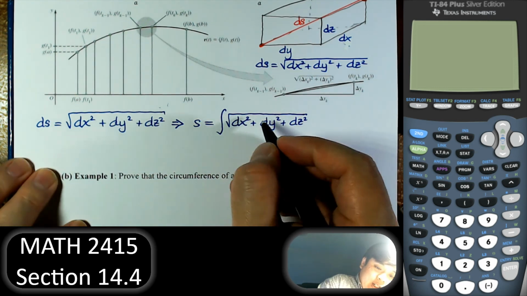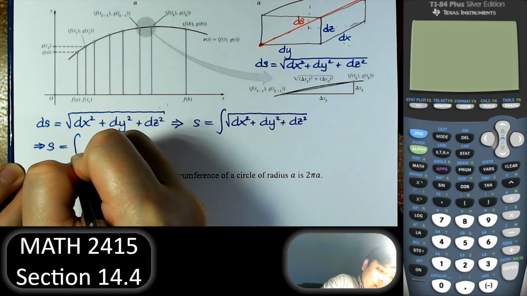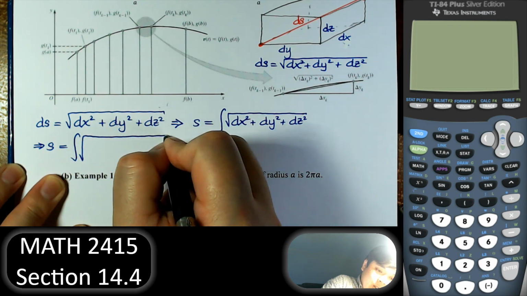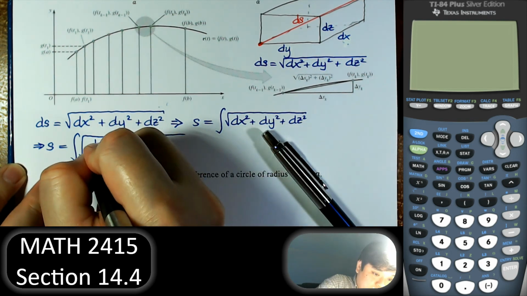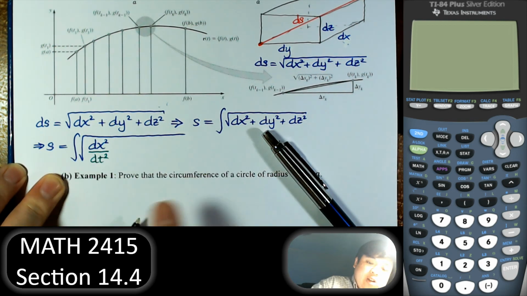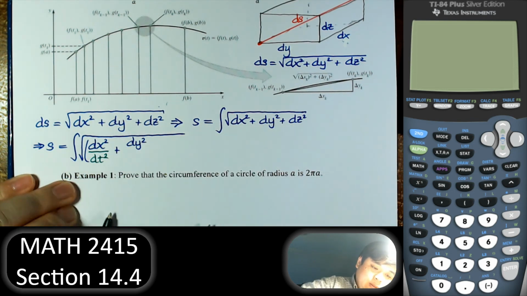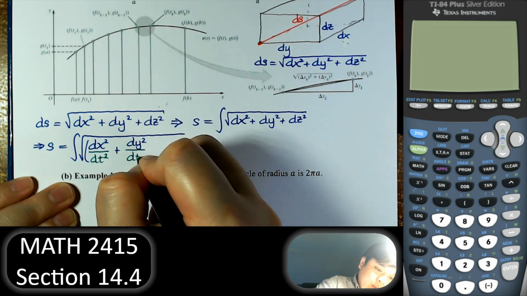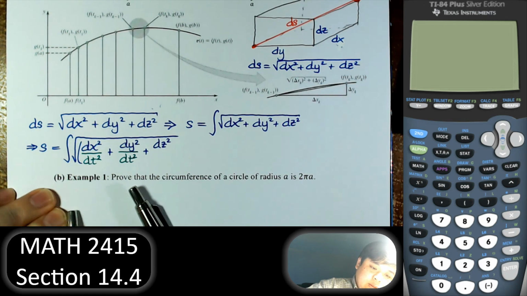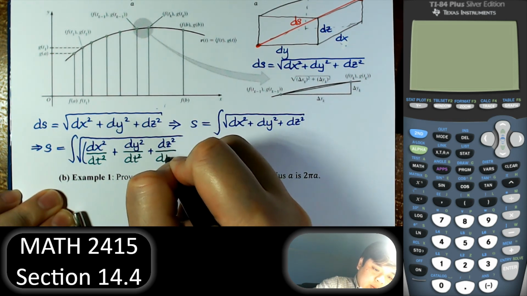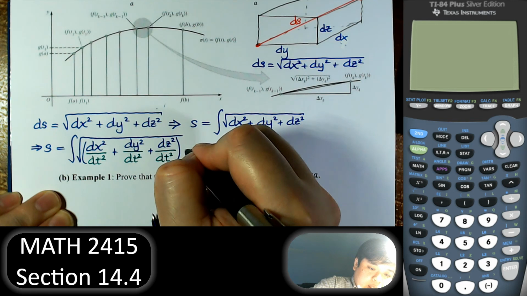Now, if we want, we can divide by dt. If we divide, we have to multiply it back. Keep things balanced. dt.